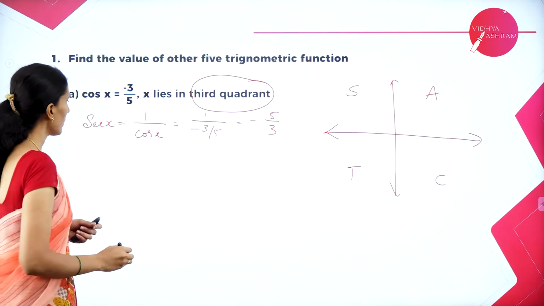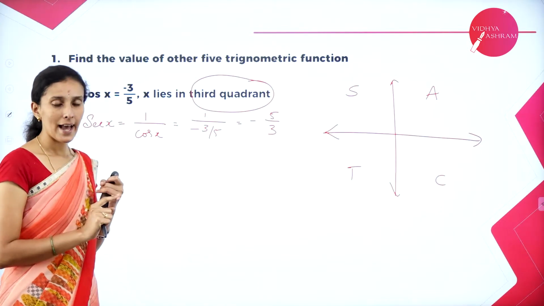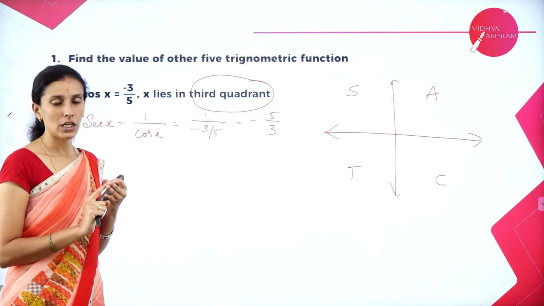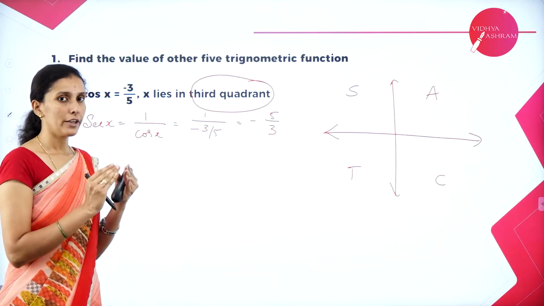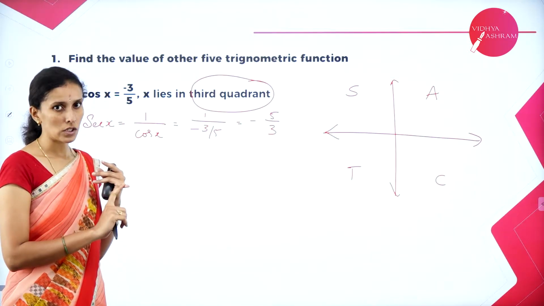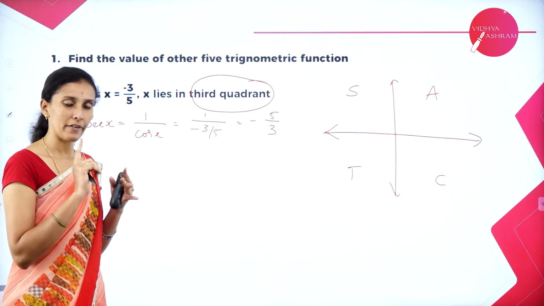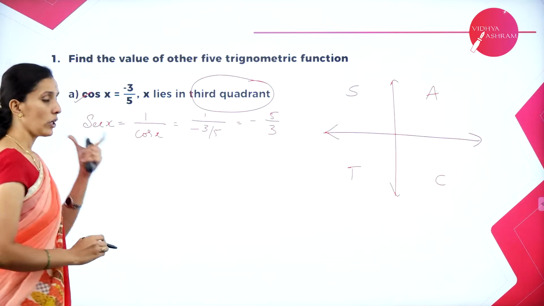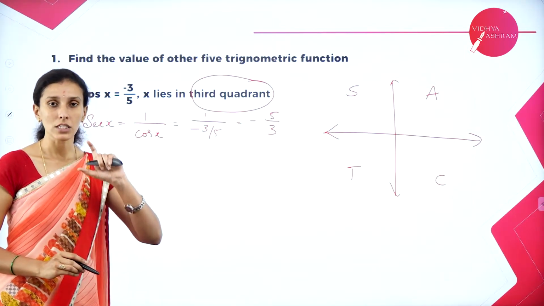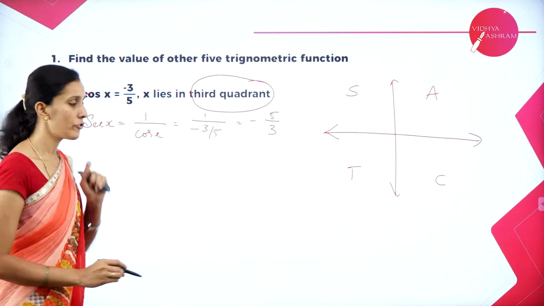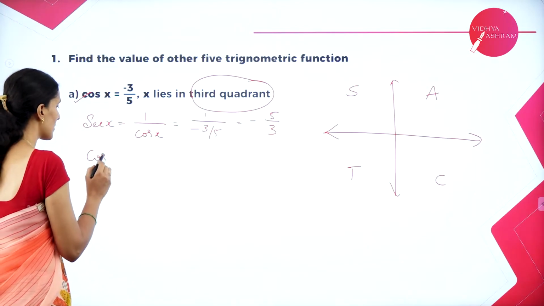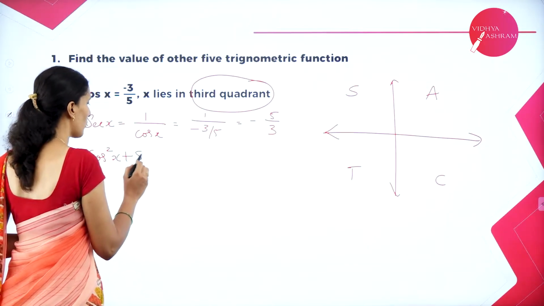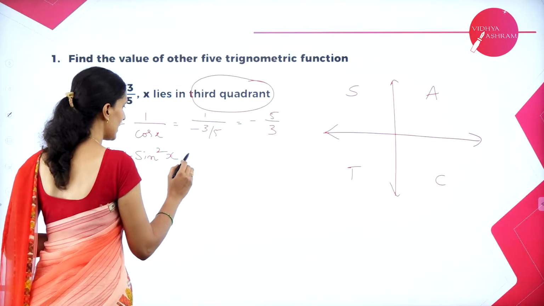Clear? Next, I have to find tan, cot and cosecant with sine. If I find sine, I can find cosecant, I can find tan, I can find cot. Let me find sine. But how to find sine? We know the relationship between cos and sine: the trigonometric identity, cos square x plus sine square x is equal to 1.